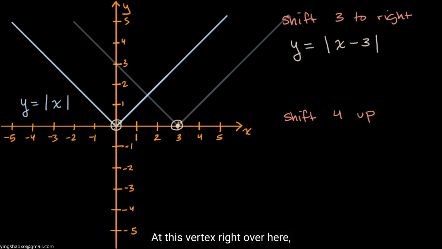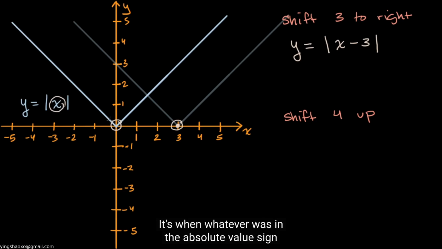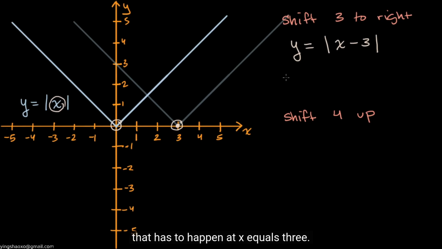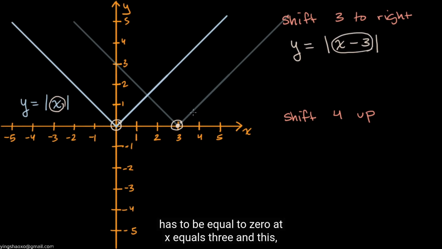At this vertex right over here, whatever was in the absolute value sign was equaling 0. It's when whatever was in the absolute value sign is switching from negative to positive. So if you shift 3 to the right, that has to happen at x equals 3. Whatever is inside the absolute value sign has to be equal to 0 at x equals 3.